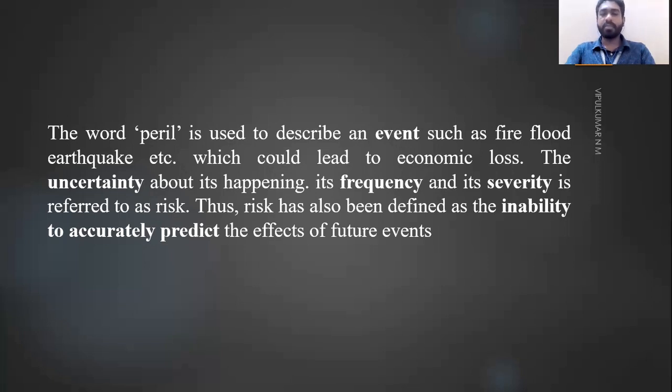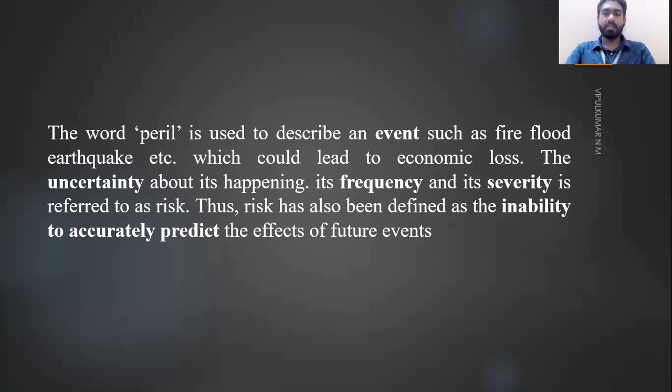Risk is always related to the future. The future is always uncertain. We cannot predict the future with certainty, so that is why the term risk emerged. When we talk about any future event that is purely uncertain, we cannot say with 100% certainty that this particular event will happen. That is related to the topic of risk management.